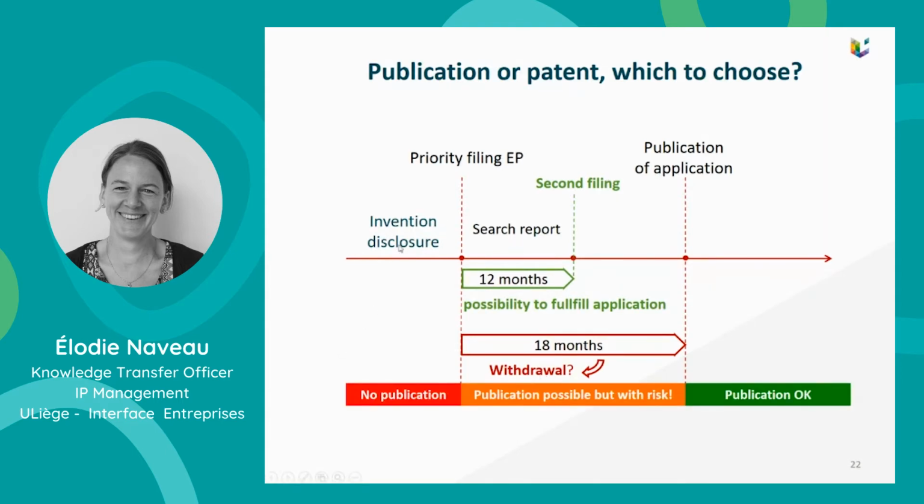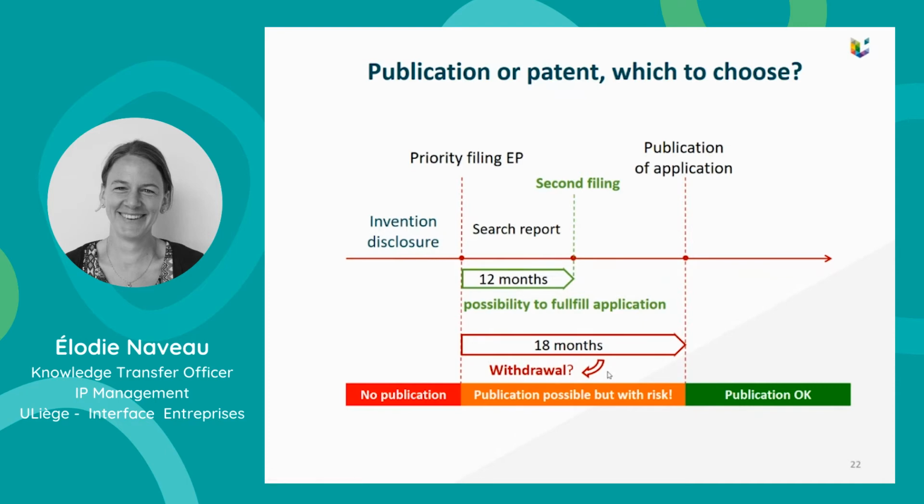So the thing is that before the first filing, you cannot publish, otherwise you are not novel anymore. We will see that again with the criteria for patentability. After the publication of the application, there is no problem. After 18 months, you can also publish a scientific paper. In between, you can do it, but with risk.